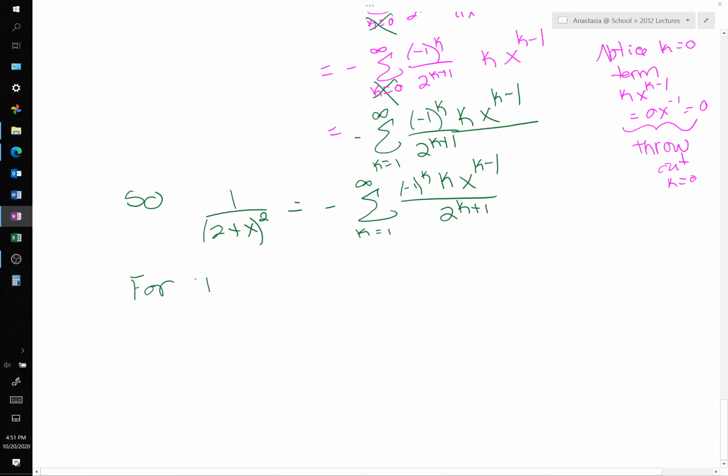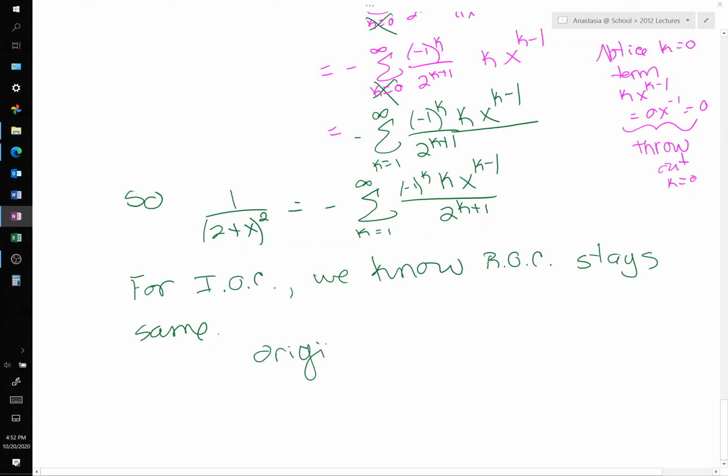But the problem also asks us to find the interval of convergence. Well, to find the interval of convergence, we know that the radius of convergence stays the same. The original series converged for absolute value of x less than 2. So this means that R is equal to 2.